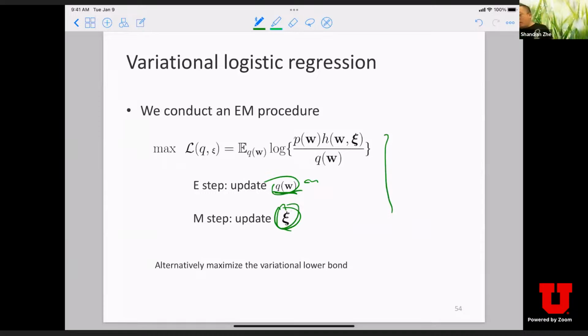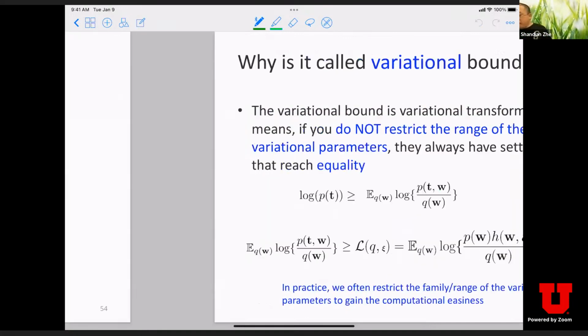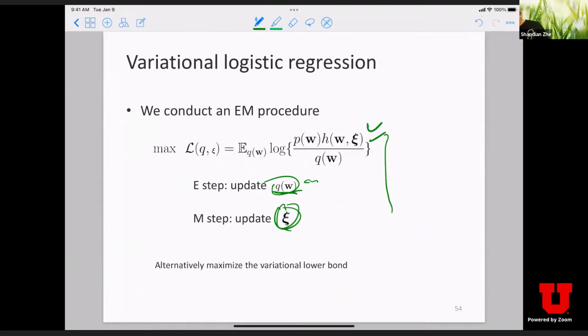Okay, so this new lower bound is often referred to as a variational lower bound. Why is it called a variational lower bound? Because we introduce an additional set of parameters. And this is actually a bound not only to the original model evidence, it's also a bound to the original joint probability.